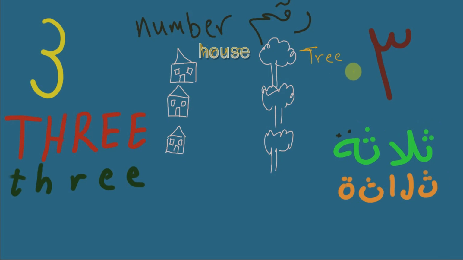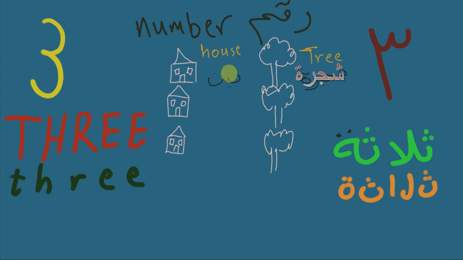In Arabic that's شجرة. This is بيت. So tree, house. This is house. House, tree.